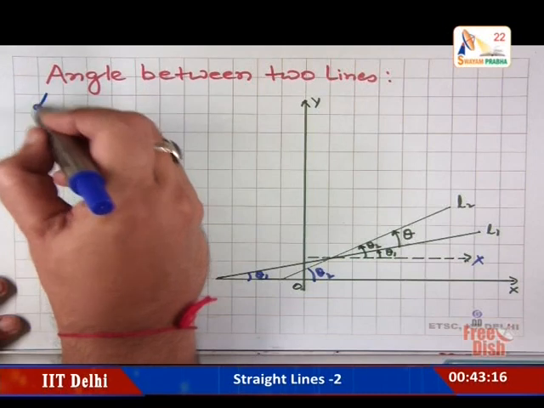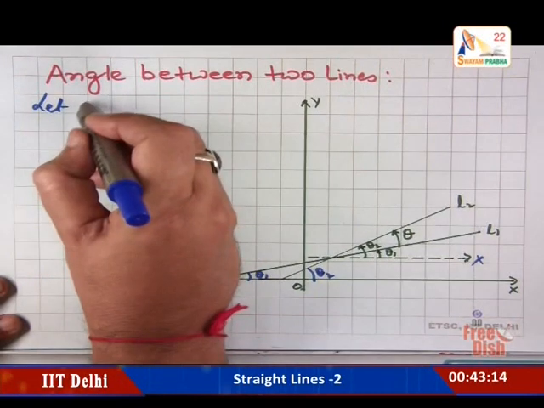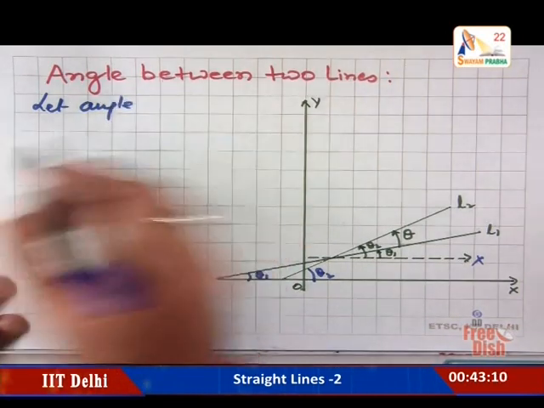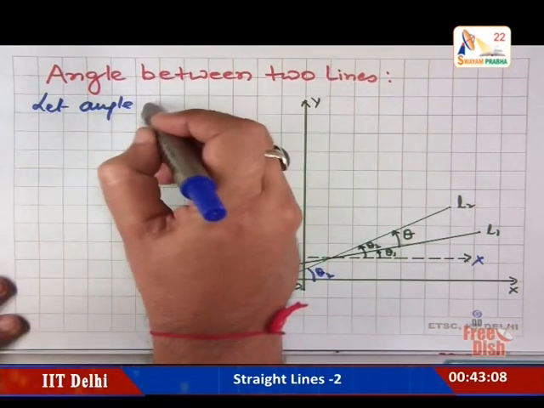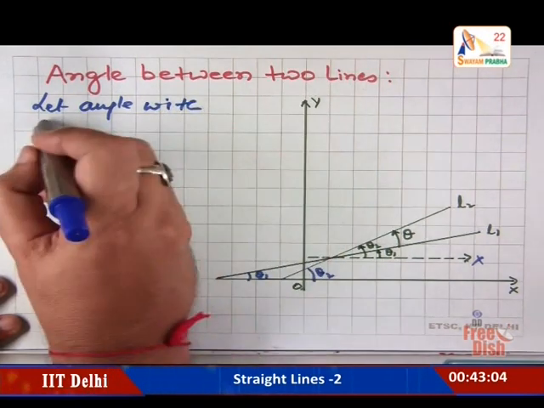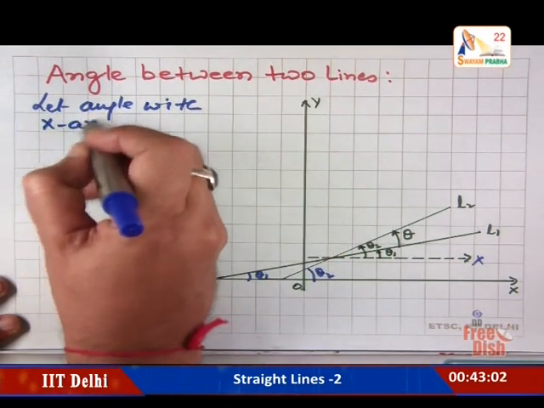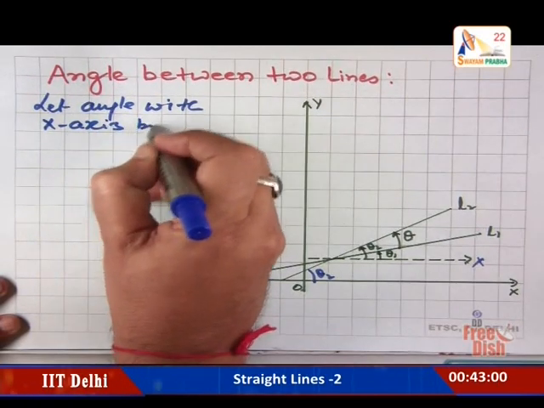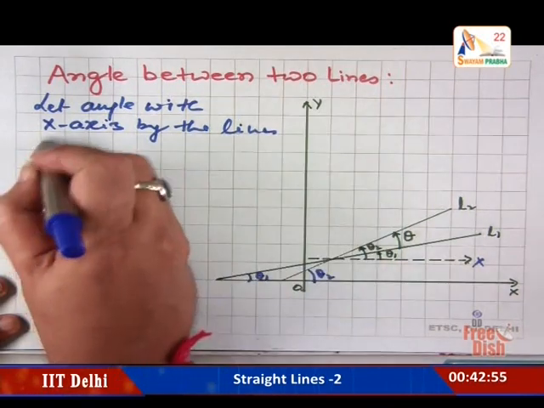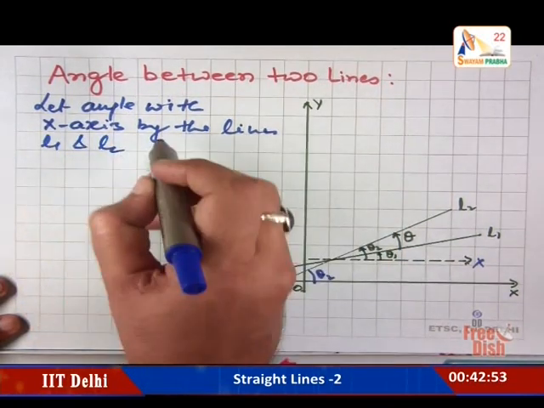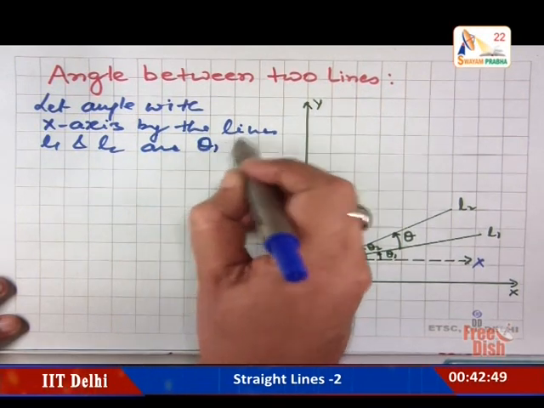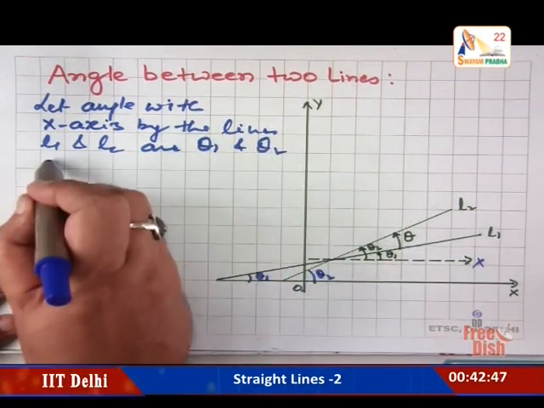So let the angles made with the x-axis by the lines L1 and L2 be theta 1 and theta 2 respectively.